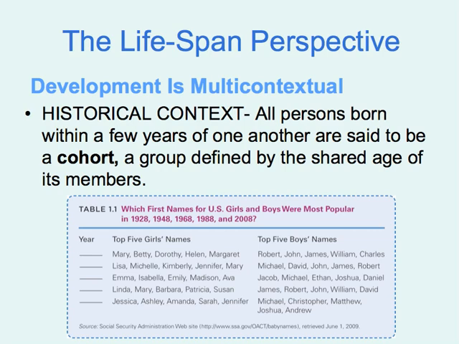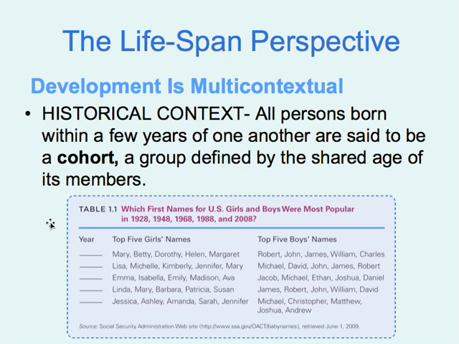As an example of the cohort effect, you can see in table 1.1 here, which is in the textbook, which first names for U.S. girls and boys were most popular in 1928, 1948, 1968, 1988, and 2008.